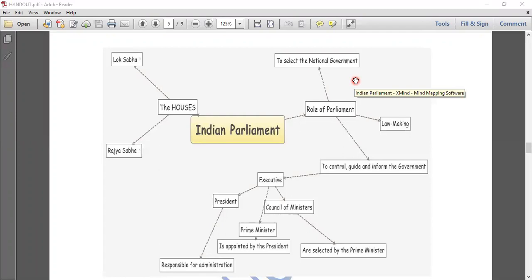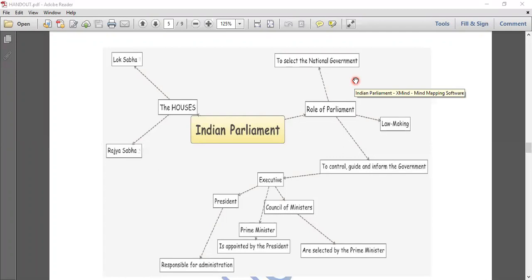And for a political party to form the government, they need to have the majority of the elected MPs. Whichever party has the majority will form the national government. So it is happening according to the Lok Sabha elections, where all the citizens are voting, right?